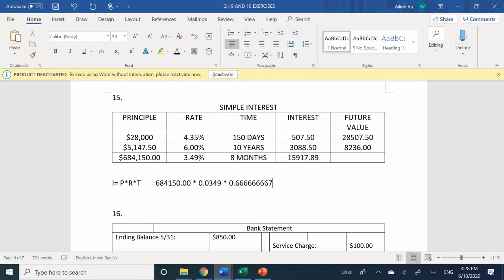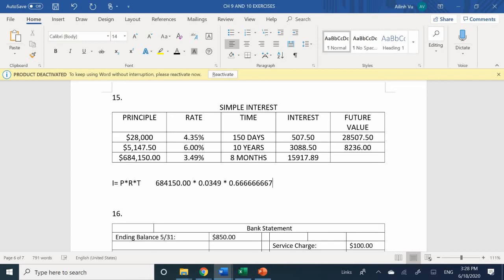3.49 plus the principal is 8.415. Well, that can't be right. I got 684,153.